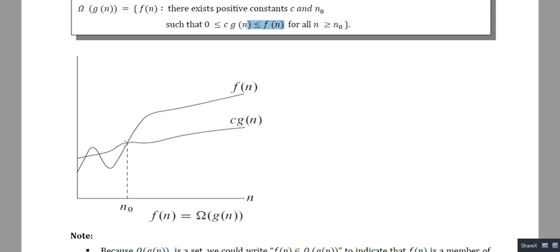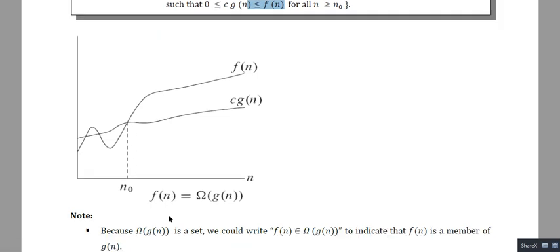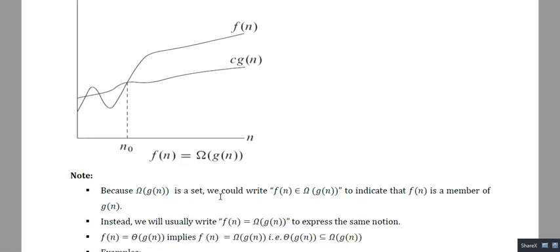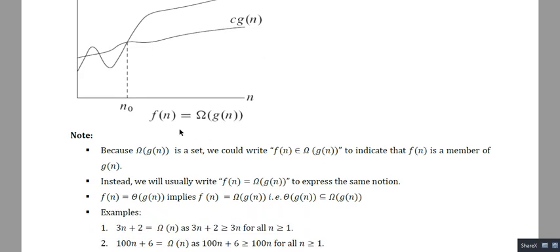But from this point onward the value of f(n) is always greater than c into g(n). So we can say this is the value of n0, and we can say f(n) is equal to big omega g(n), which means f(n) is a member of the set big omega g(n).